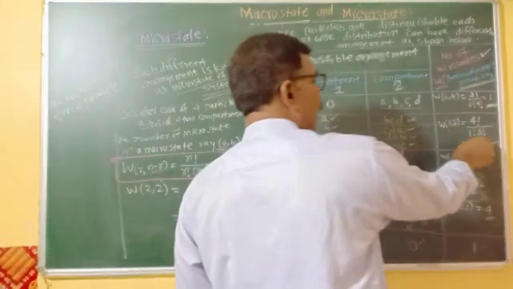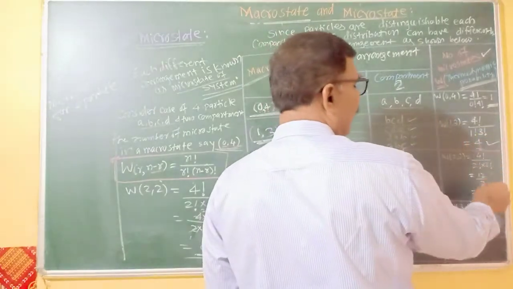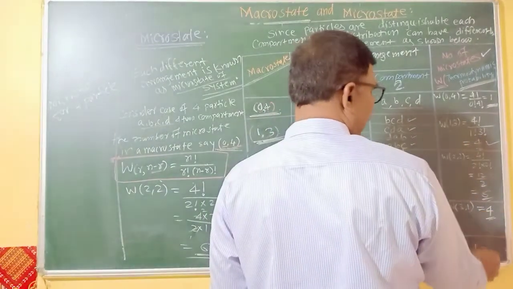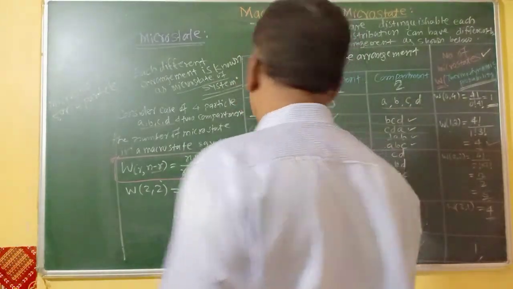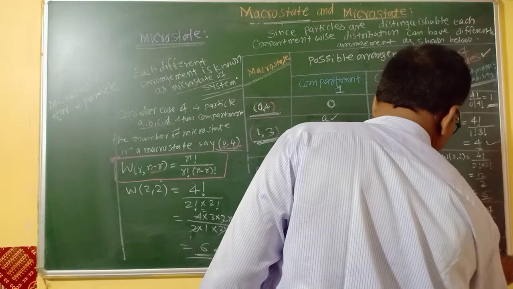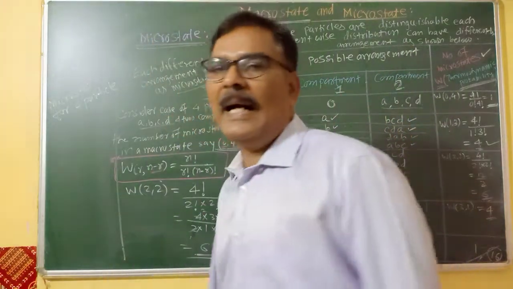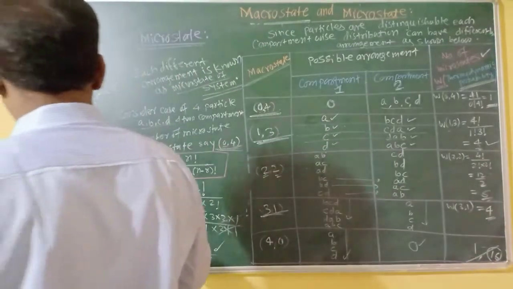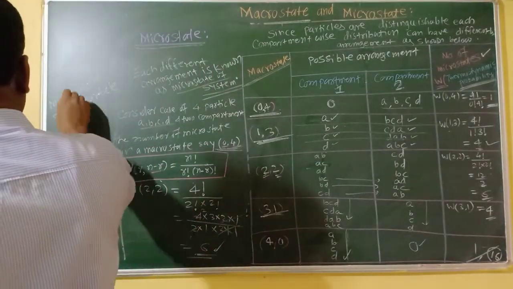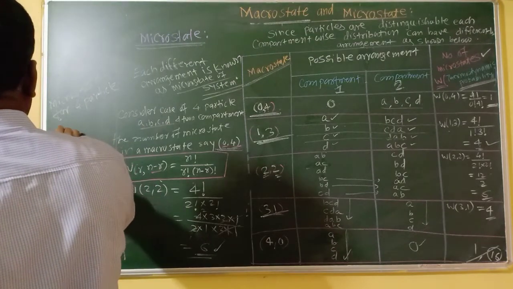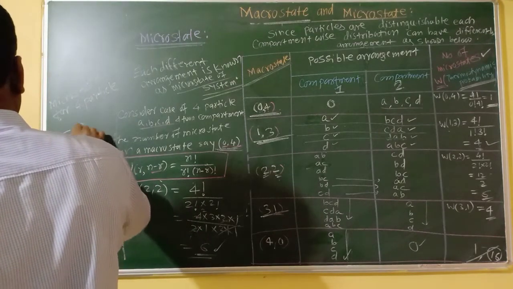1 plus 4 कितना हुआ? 5. 5 plus 6 that is 11. 11 plus 4 15. 15 plus 1 it gets what? Answer is 16. Total कितना हुआ? 16. 16 आंसर आया. तो क्या लिख सकते हैं? 4 particles means what? The microstate for 4 particle, that is a formula is what we have, that is 2 raised to n.